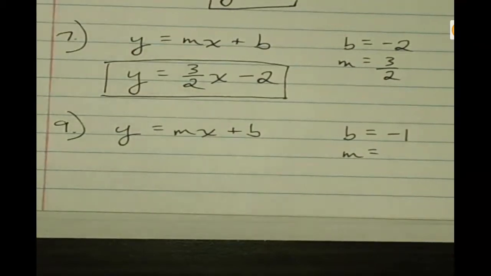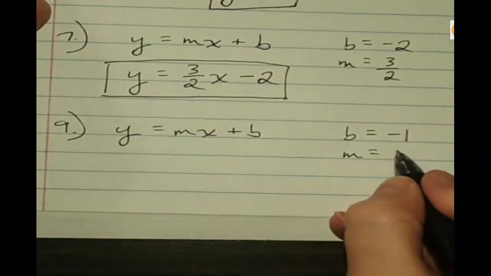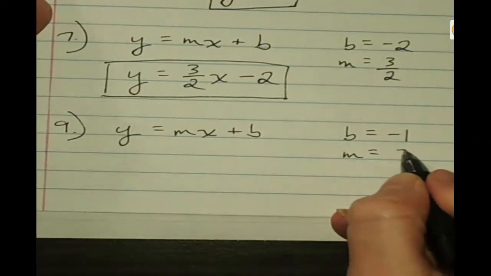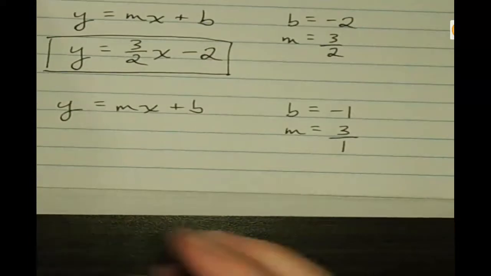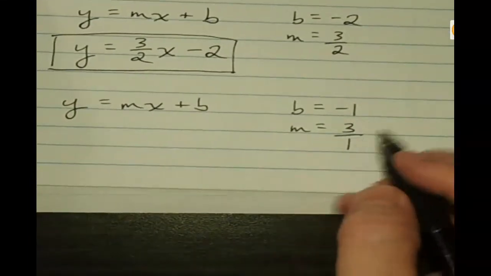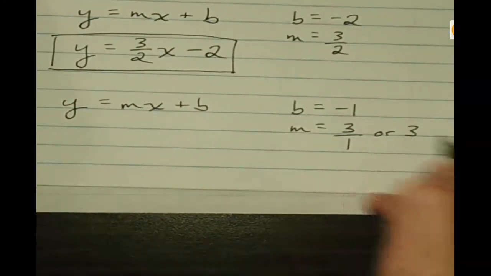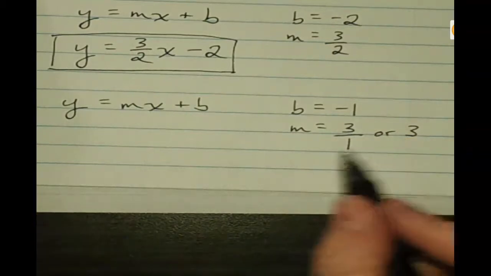Okay, if you found your dot, start at that negative 1 and count up. That's right. It goes up 3 and over 1. So then it's 3/1. Good job. You can write either 3/1 or 3 as your slope. They're both the same thing.